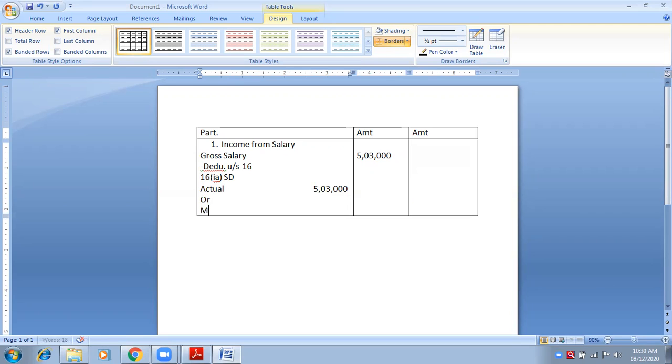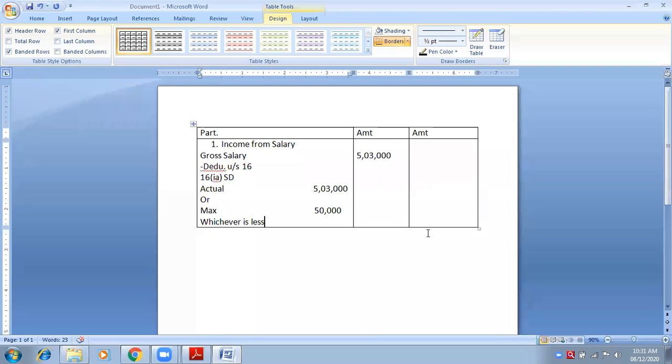Next line, maximum. What is the amount of maximum available here? 50,000. Okay, so tell me whichever is less. Always remember, here we need to apply the whichever-is-less system.